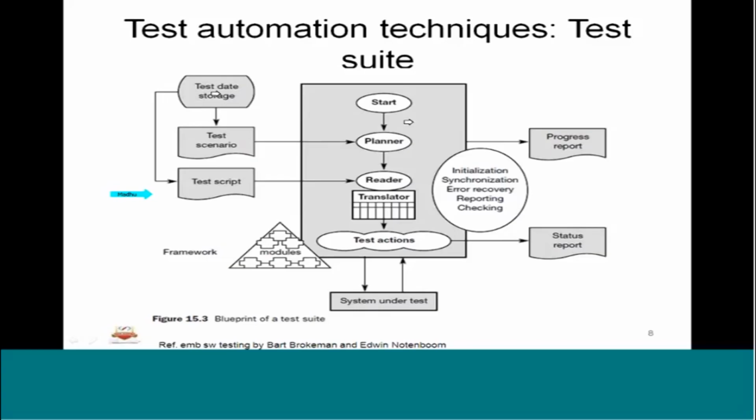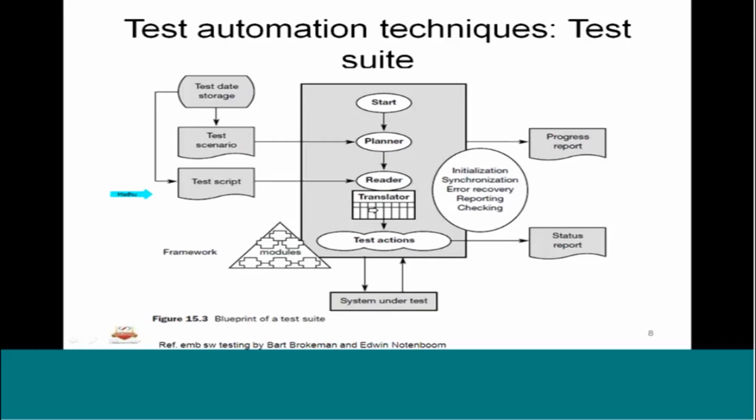And there's a translator. The translator could be applying this into understandable actions onto the target. So the test actions are derived from the translator. There's an intermediate layer. So the name is translator, but it could be anything when it comes to the actual embedded software testing automation. Different names could be used.